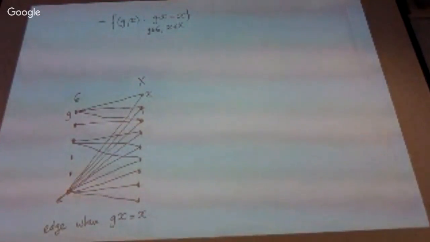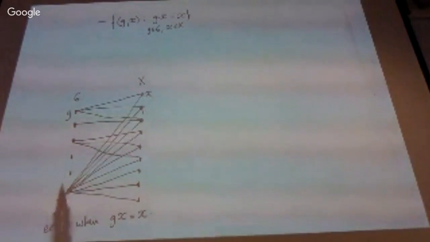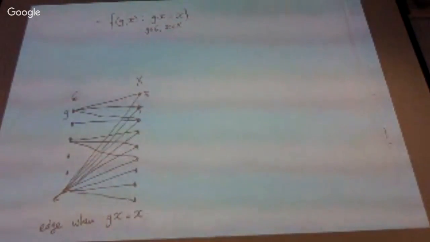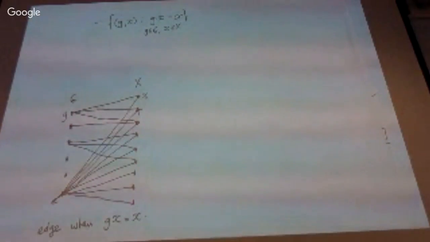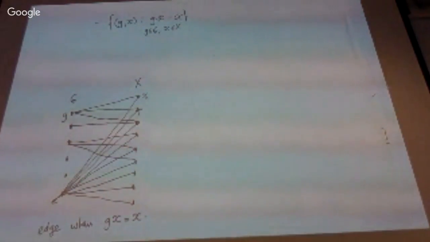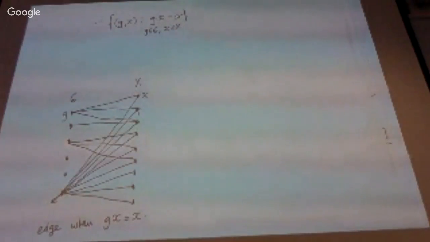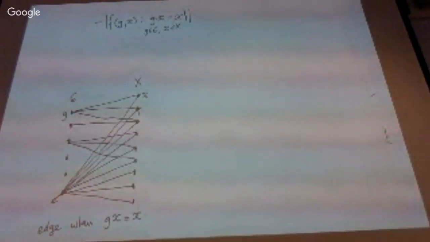There is an edge exactly when the left element does not move the right element. Now, how many edges are there? Number of edges.